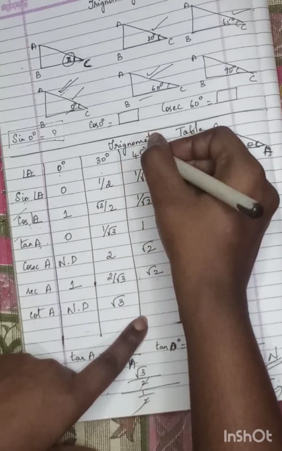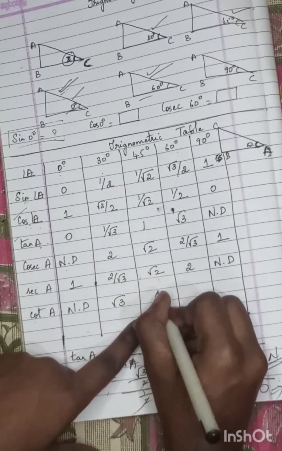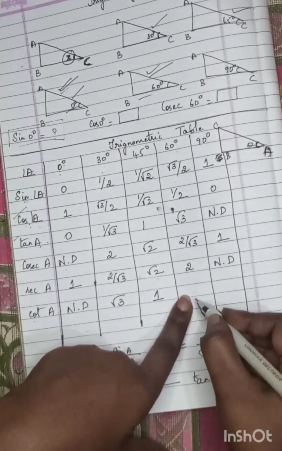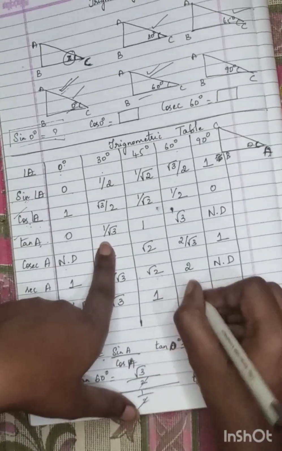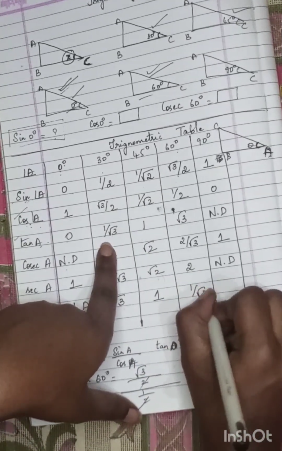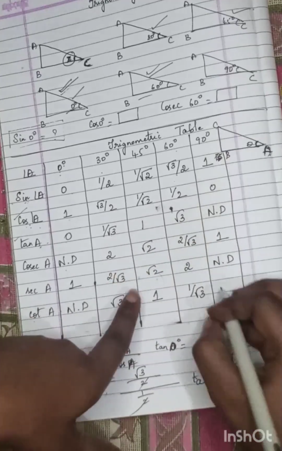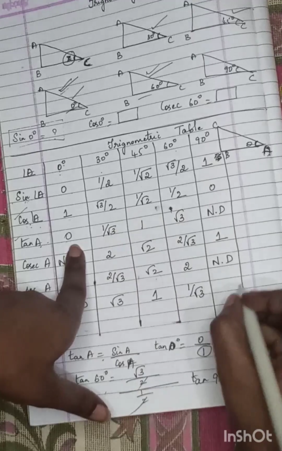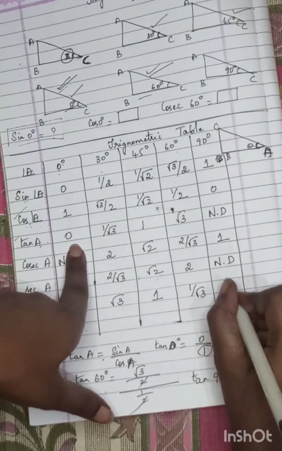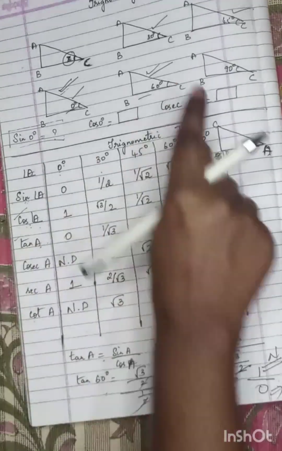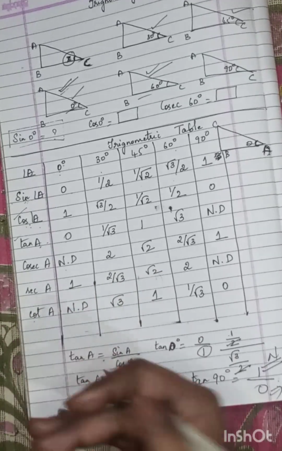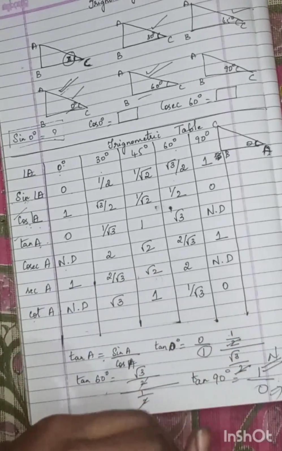Tan 45 degree's value will remain for cot 45 degree also. Cot 60 degree will be tan 30 degree's value, that is 1 by root 3. Cot 90 degree's value will be tan 0 degree's value, that is 0. So this is our trigonometric table, which is very much important for solving the 11.2 exercise sums.